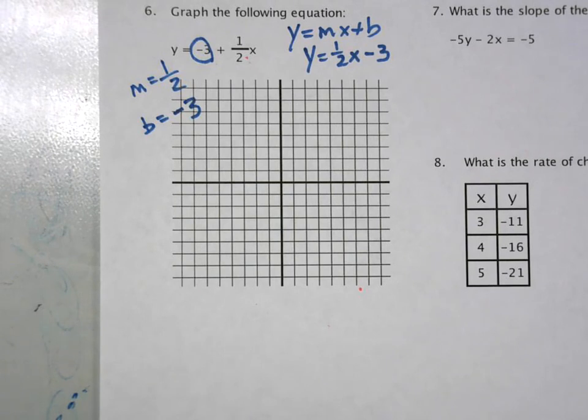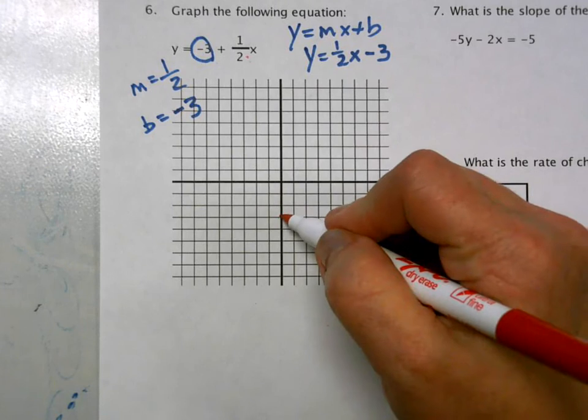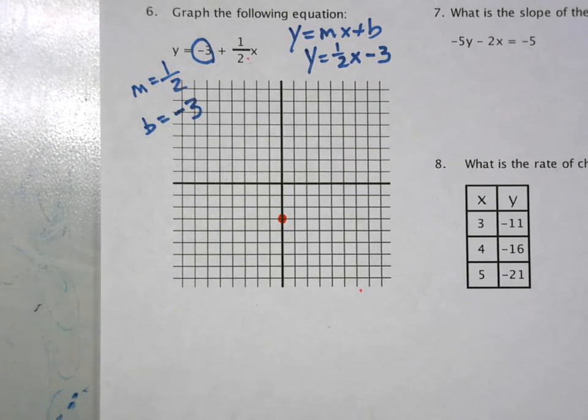I'm going to start at -3, because that's my y-intercept. You do the point first. We can't count our slope of rise over run without having a starting point.